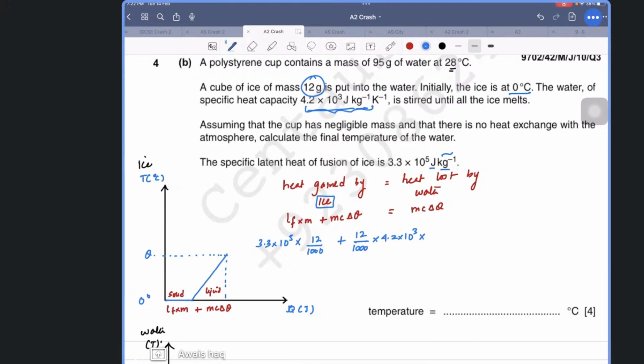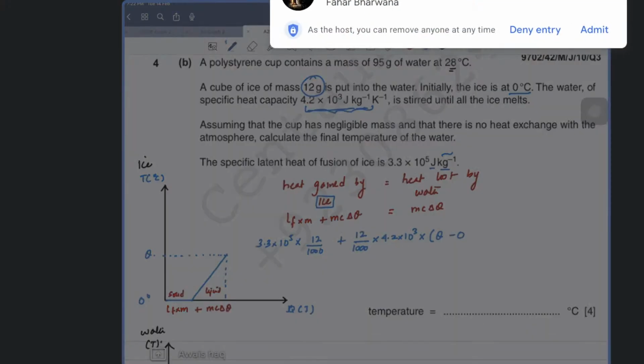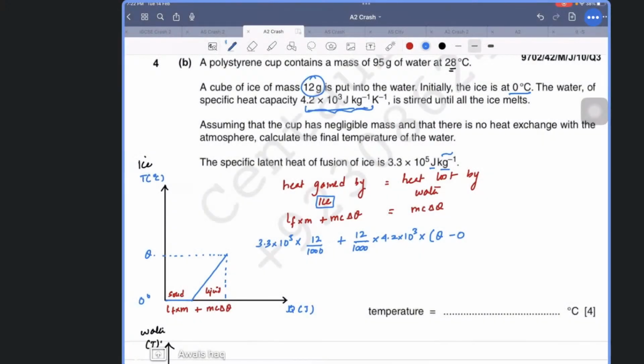Then the temperature change that the ice gained was from 0 to the final temperature theta. The next part of the equation is the mass of water, which is 95 grams. I'm going to divide it by 1000 because our heat capacities are per kilogram. So we write 4.2 times 10 to the power 3, and the temperature goes from 28 to theta. Now I would like to tell you something very important.